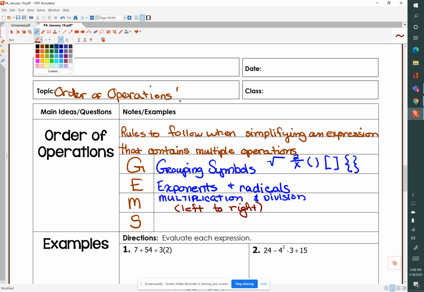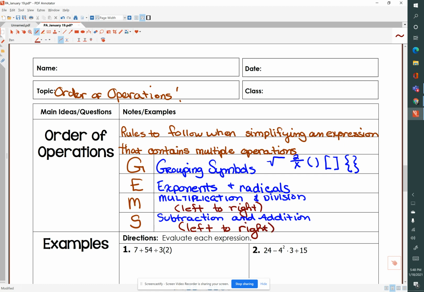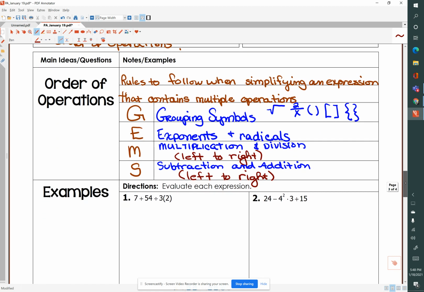And then your subtraction and addition. Again, you've got to work that left to right. Okay, so let's get started.